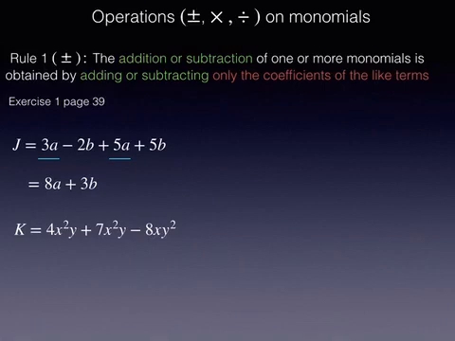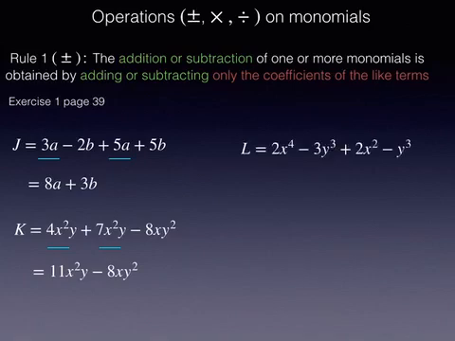Here the unknowns are x squared y, 7x squared y. The unknown of these two monomials is x squared y. So we need to work on these two monomials, plus 4 plus 7, then you will have plus 11x squared y, and minus 8xy squared remains the same.